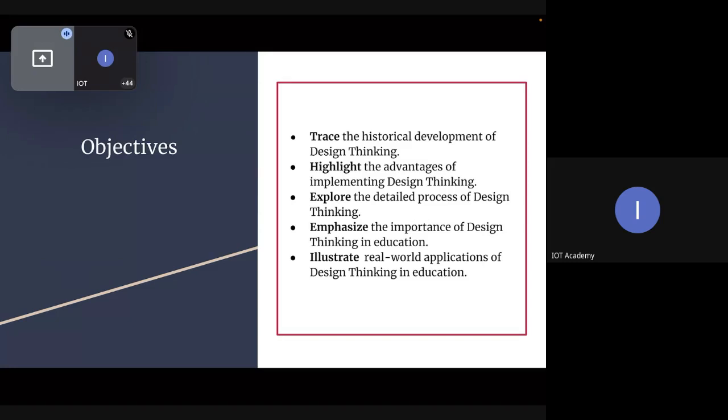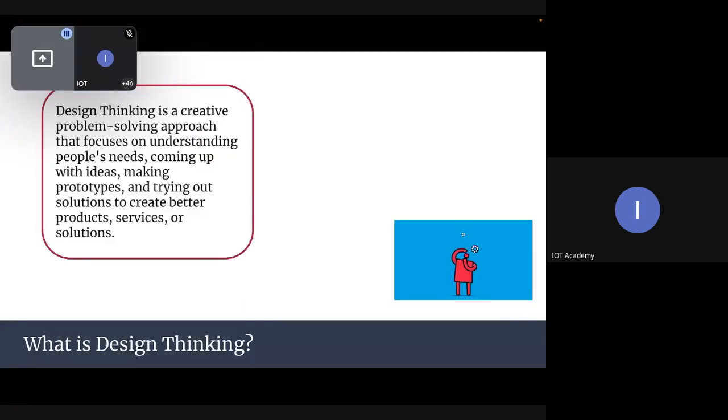Before I start telling you about the historical development of design thinking, let us first understand what is design thinking. Design thinking is basically a very creative approach to problem solving. In very simple language, if there is a problem that has multifaceted issues, that concerns too many users and is really very difficult to solve, very complex, design thinking is a process which you follow to understand the needs of various people that are concerned with the problem, and you come up with ideas.